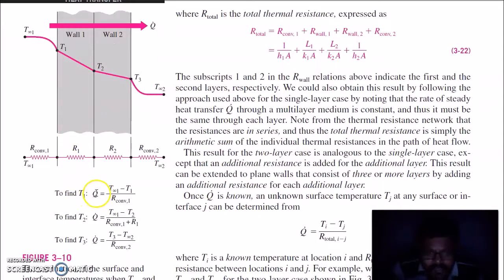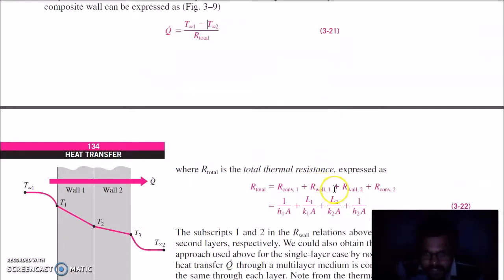If you know the heat transfer, you can find temperature T1, and if you know the convective resistance, you can find temperature T1. Same from this equation you can find T2, and from this equation you can find T3. You can do this for any number of layers. Here you can increase the walls, the resistance of walls will be 1, 2, you can add 3, 4, any number of layers.